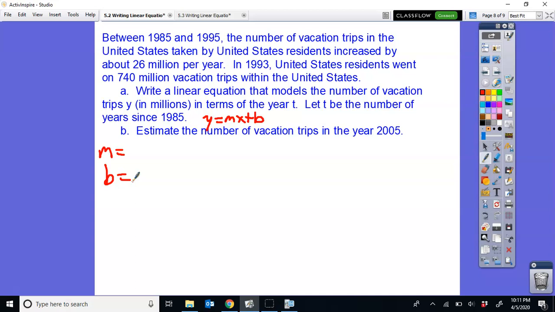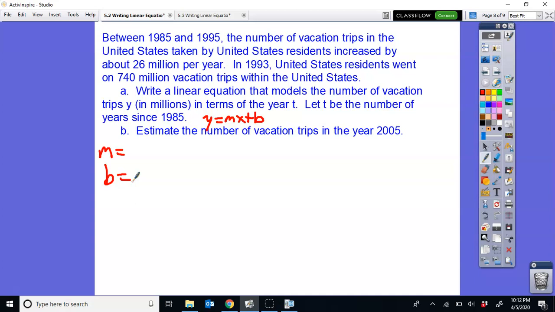Here's the problem. Go back up to the two sentences above and the statements of what's happening. It says the residents are going on an increase of about 26 million trips per year. It's going up by 26 million per year.